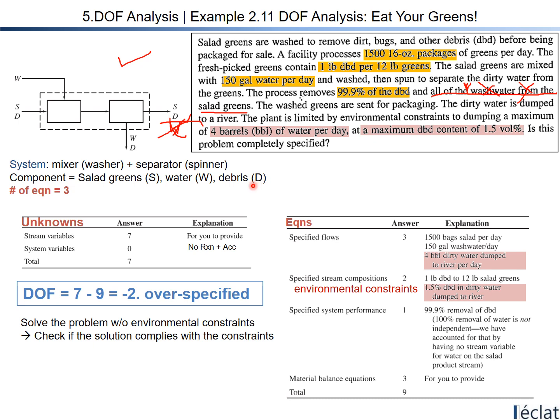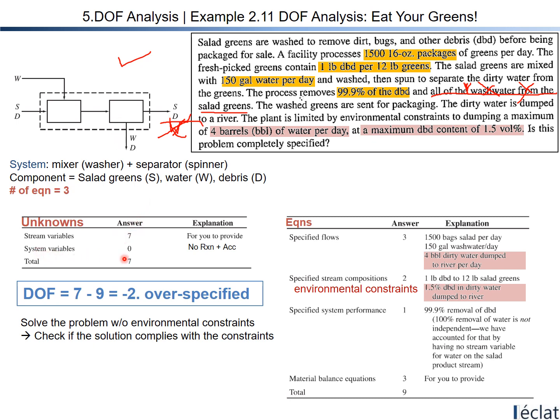And then let me count the number of unknowns or variables. The first one is stream variables, and let me count them. 1, 2, 3, 4, 5, 6, 7. You don't need to think about the stream between the mixer and the separator, because I have taken those two units as the one single system.